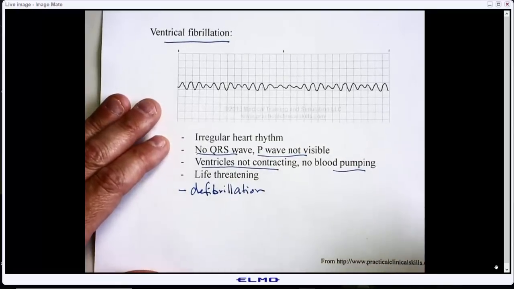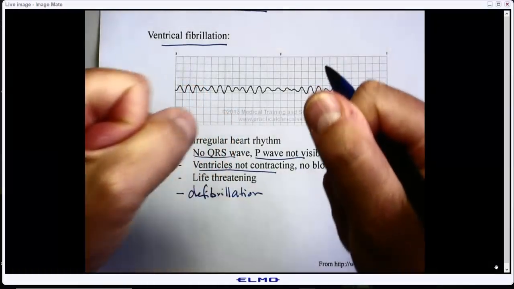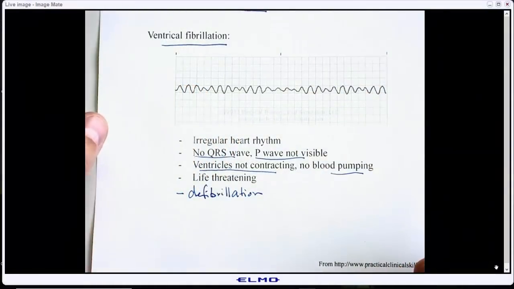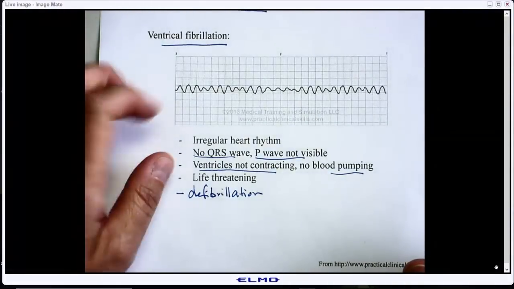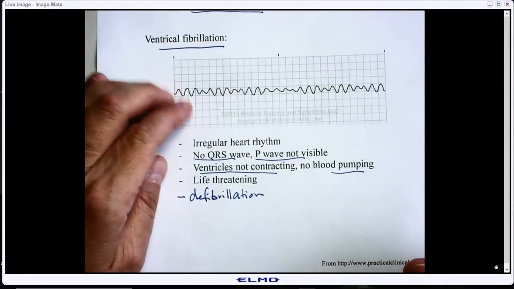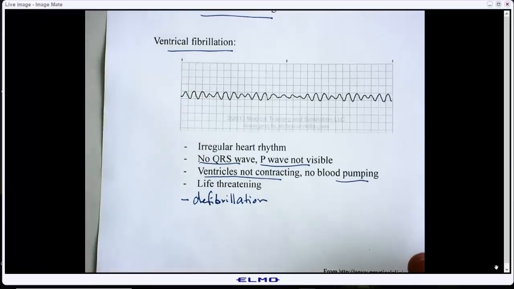So we're going to put 2 electrodes on the heart and pass massive voltage through. So why would defibrillation work in trying to get the electrical system organized again? Why would that work?